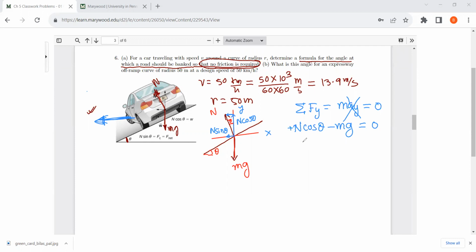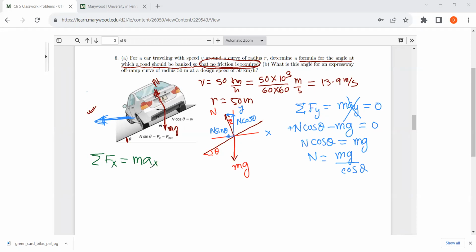So if I solve this equation for N, it gives me mg over cosine theta. So that is the y equation, and let's try to solve the x equation. The x equation is Fx equal to max.